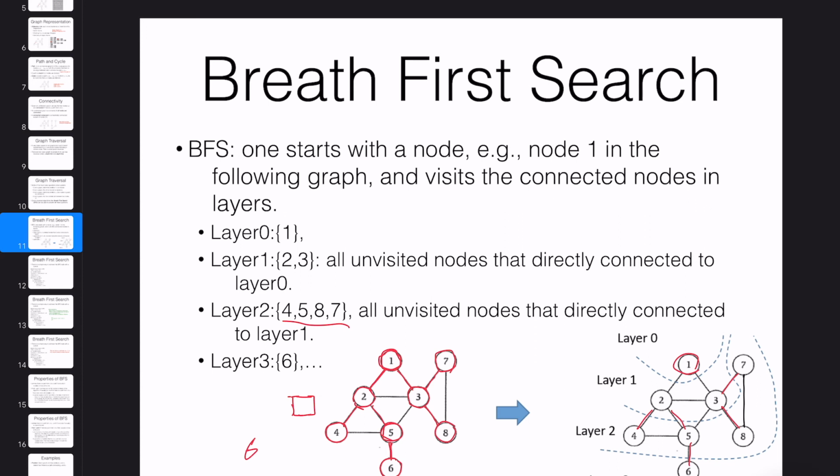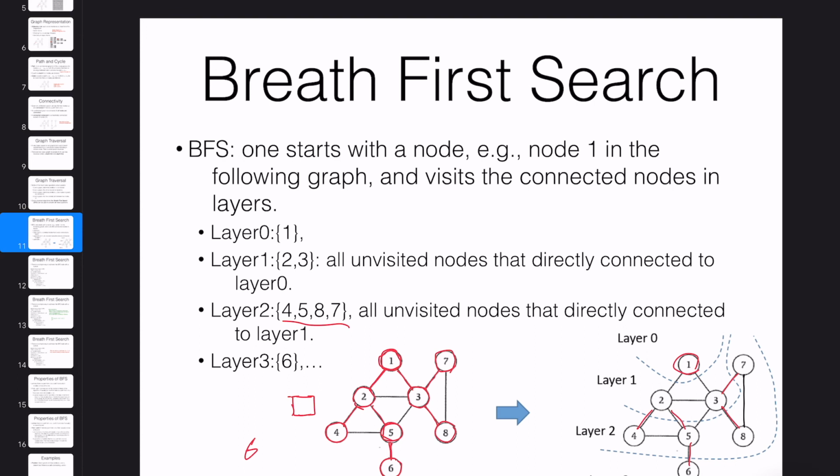And you basically just grow, and it is just like you are putting a flow starting from node 1, and from node 1 it actually reaches 2 and 3.